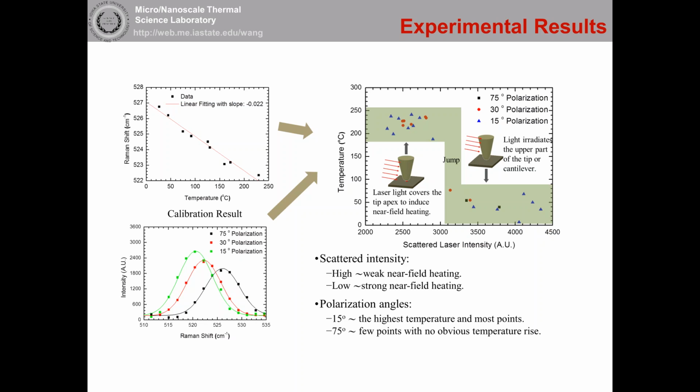Under this situation, the absorption is really weak, so the Raman peak is on the right side. The green one is a 15 degree polarization, meaning the light comes in almost parallel to the AFM tip, so it can induce a very strong eddy current in the gold coating. The heating effect is very strong, and you can see the peak moves to the left side.